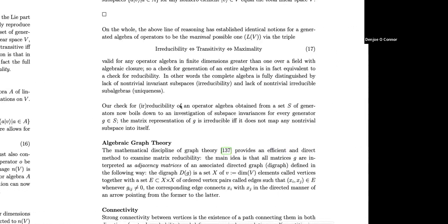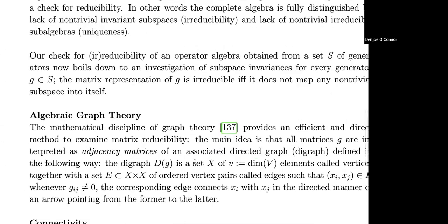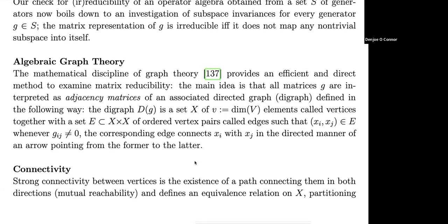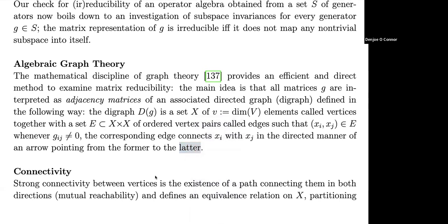And I will not go through the proofs, but what we actually employ is algebraic graph theory, where you take those operators in this generator set and interpret them as adjacency matrices of a directed graph. So basically what you do is you choose a basis. Right now it's basis dependent, but we show later that it's actually basis independent. But for the sake of the argument, you fix some arbitrary basis and represent your operators with respect to it.